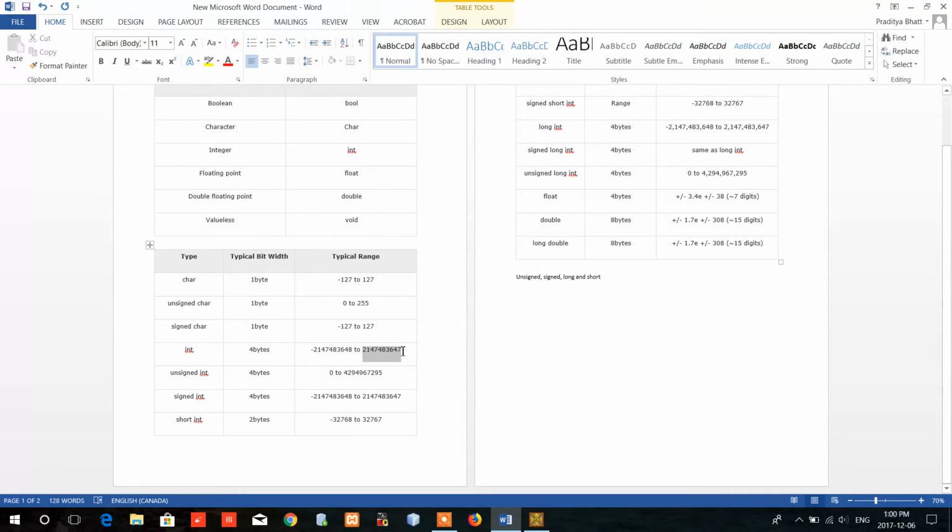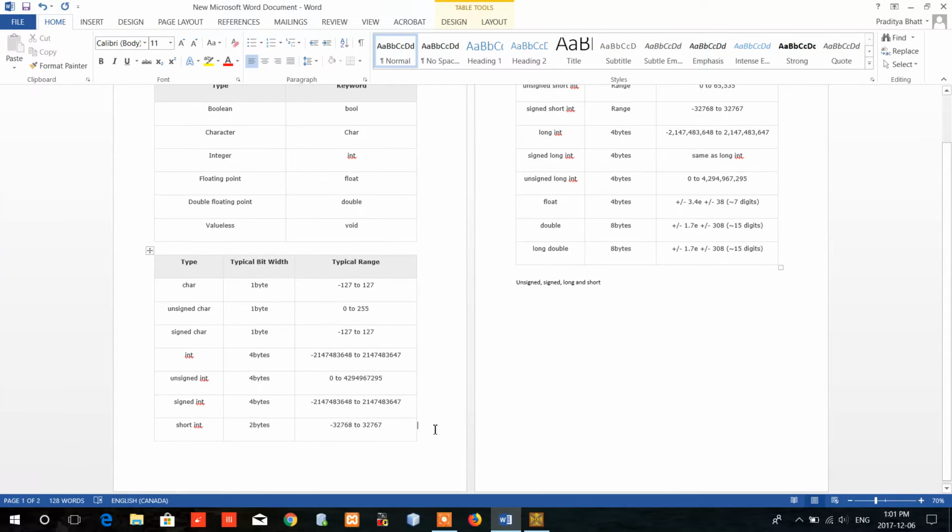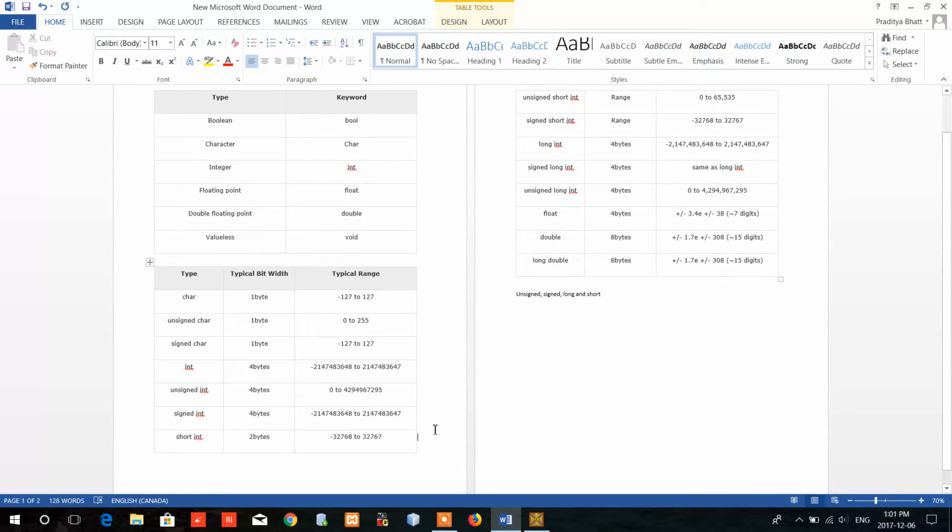It's pretty difficult to say, so you can just read it. Unsigned just goes to the positive part of the number line and doubles the range of the positive side. Same thing for signed. When you use short, if you want to save memory, you have a limited amount of RAM and you want to process faster, use short, so it reduces the range of the integer to 32,000 and it helps the compiler process faster.